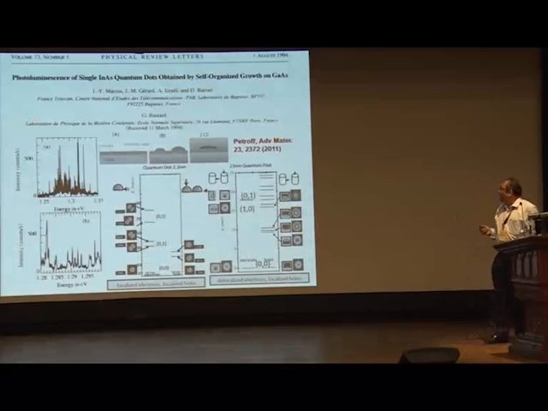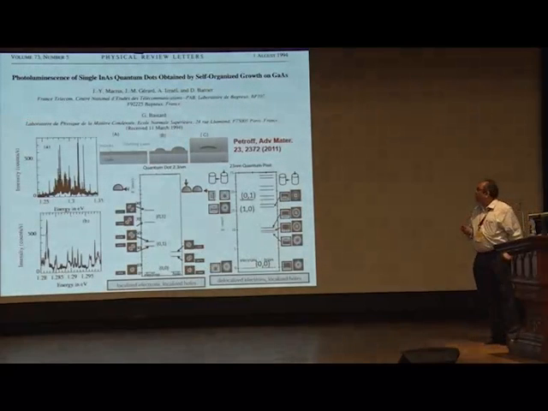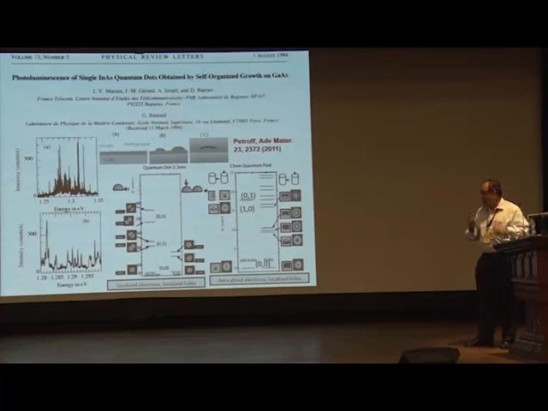Now my topic today is the semiconductor quantum dot, which is very interesting in the sense that it is a very controlled system. It's epitaxially grown in molecular beam epitaxy, and the whole avalanche of this work started with this PRL, published in 1994.